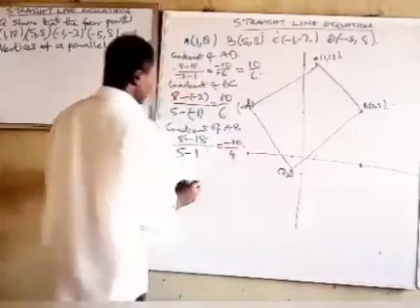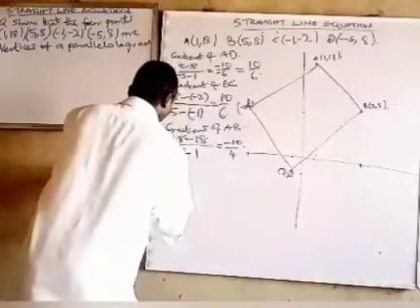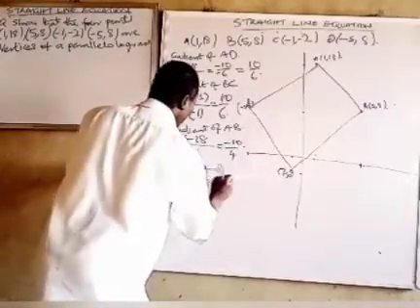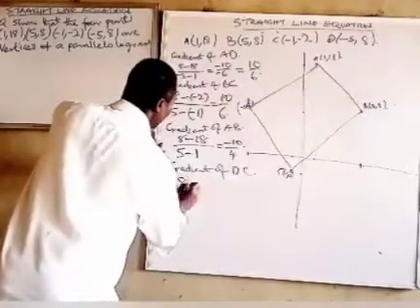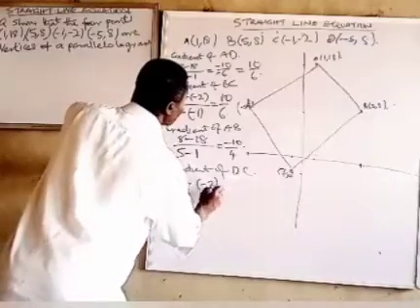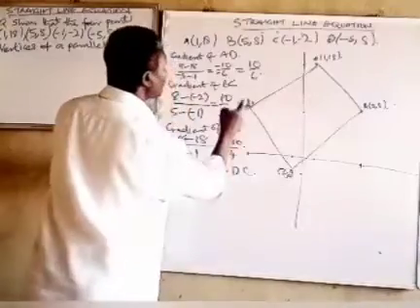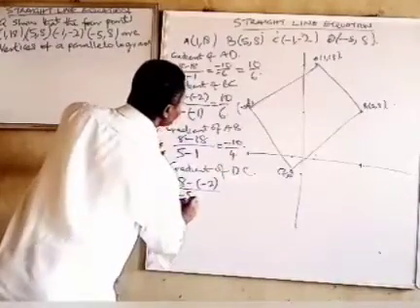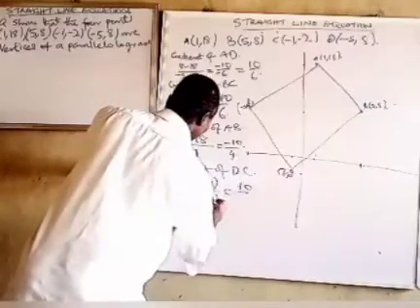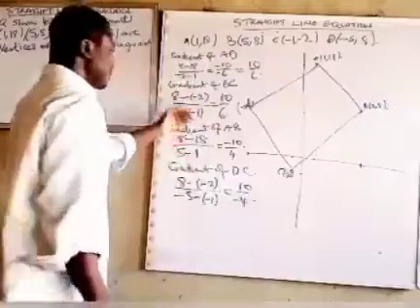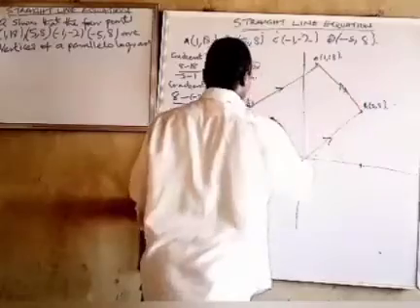So that is minus 10 over 4. Let's check gradient of DC. So we have 8 minus 2 over minus 5 minus 1. So we have this one as 10 over minus 4. So you can see that the gradients of the opposite sides are equal.